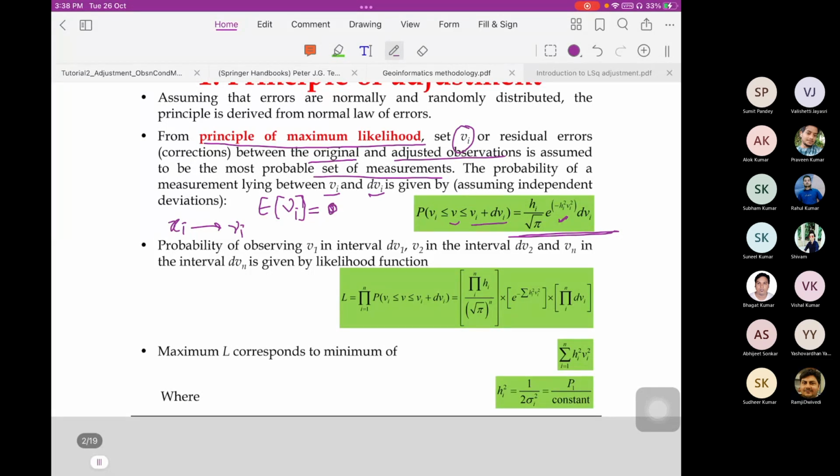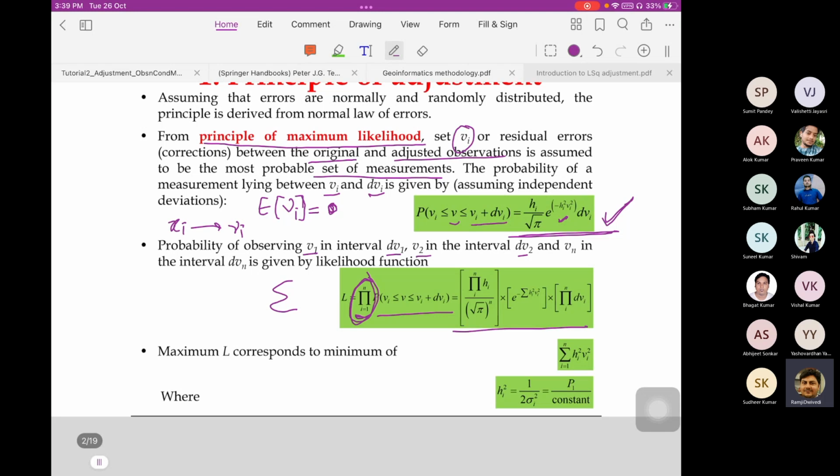So now you can change this equation to this, and the probability of observing v1 in dv1, v2 in dv2, and so on, for all possible error sources, you get all possible probabilities multiplied together. This is the multiplication sign, just like summation is a summation sign, for all possible probabilities occurring between vi and dvi.